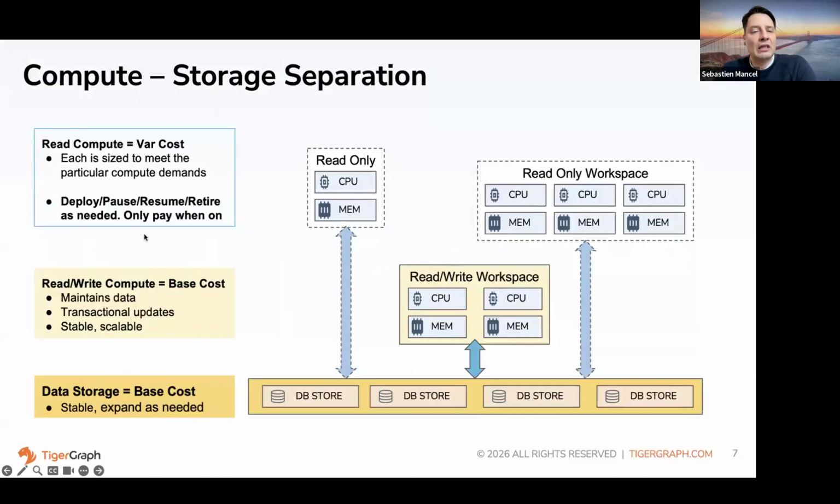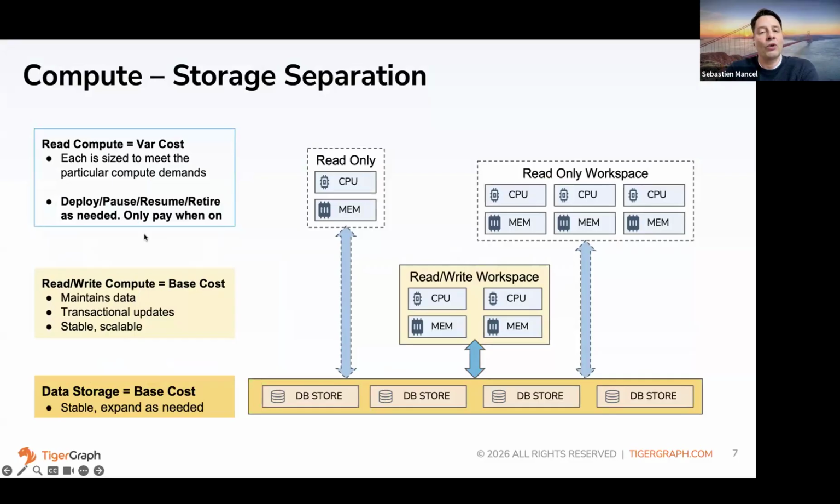So one of the most important architectural choices, as discussed, is the separation between compute and storage. This goes into a little bit more detail. So at the bottom of the diagram is the storage. It's the persistent layer that holds the graph, and it remains intact regardless of how compute is started, stopped, or scaled.